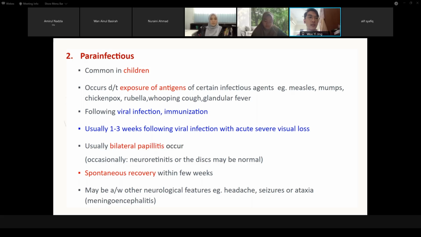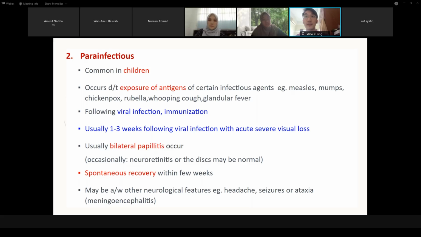It usually happens 1 to 3 weeks following viral infection. So the timeline is very acute. It will present with acute severe visual loss. Usually both eyes will be involved, and papillitis will be the presentation under fundoscope.